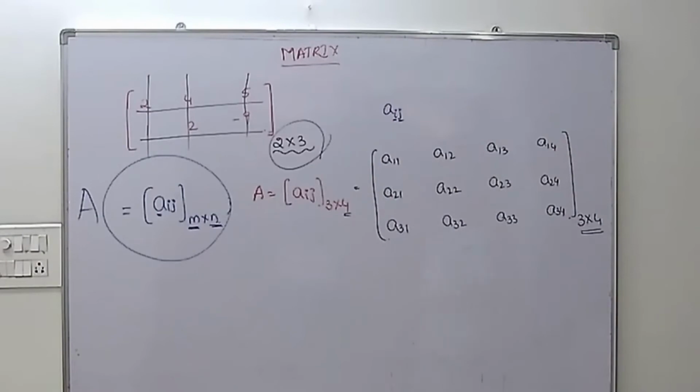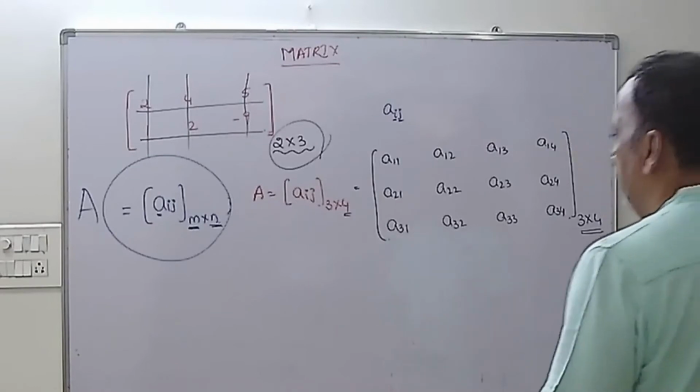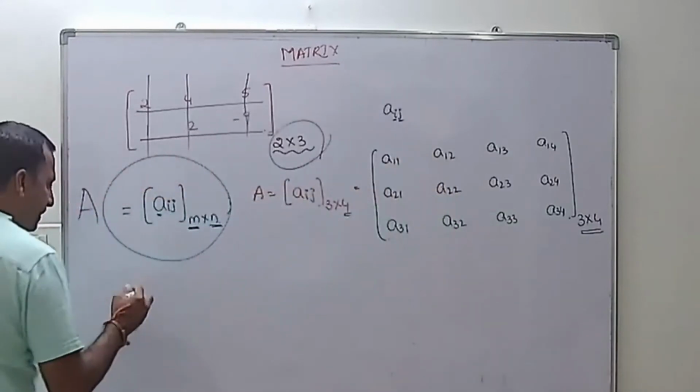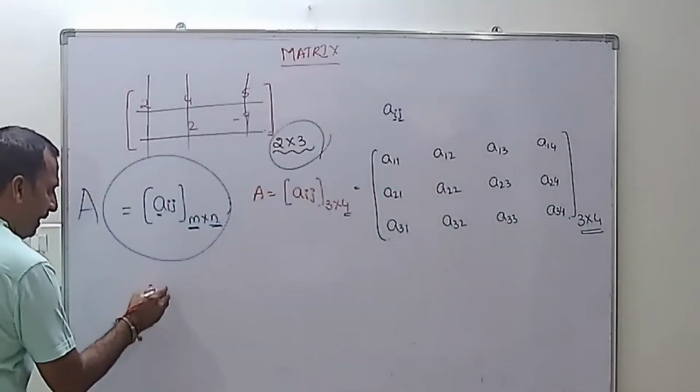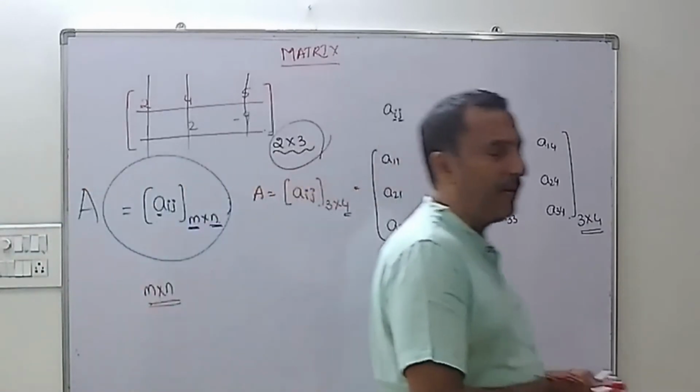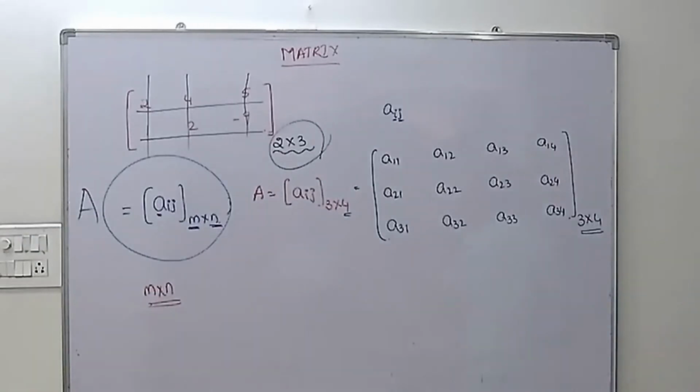Okay. Next. The order of a matrix is M by N implies, రాసేటప్పుడు M into N అని రాయాలి, చదివేటప్పుడు M by N అని చదువుతాం.